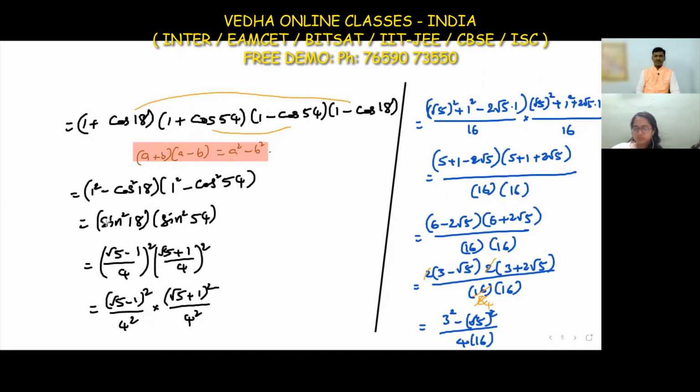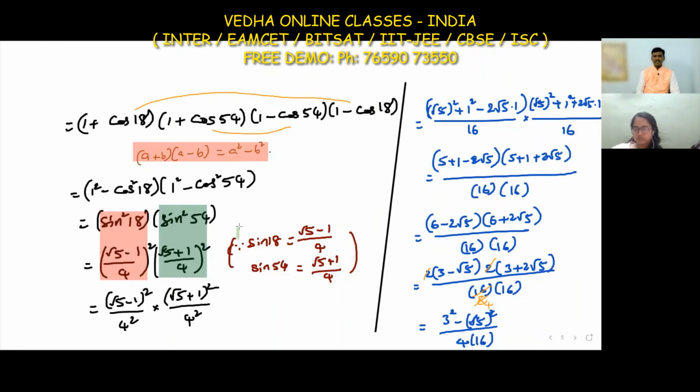And one more important thing is sin 18 degrees is root 5 minus 1 divided by 4, and sin 54 degrees is root 5 plus 1 divided by 4, the values we have.